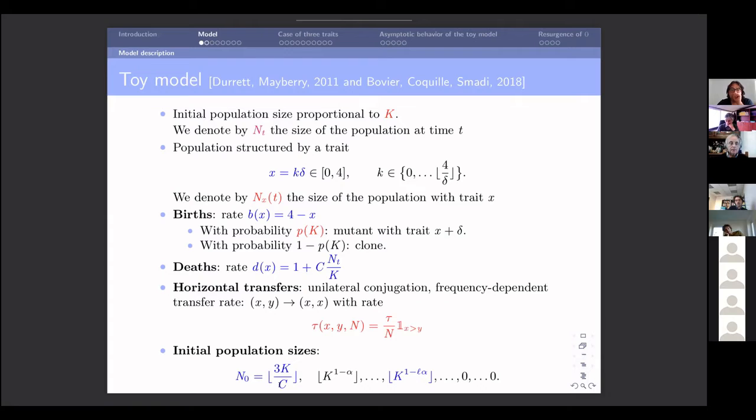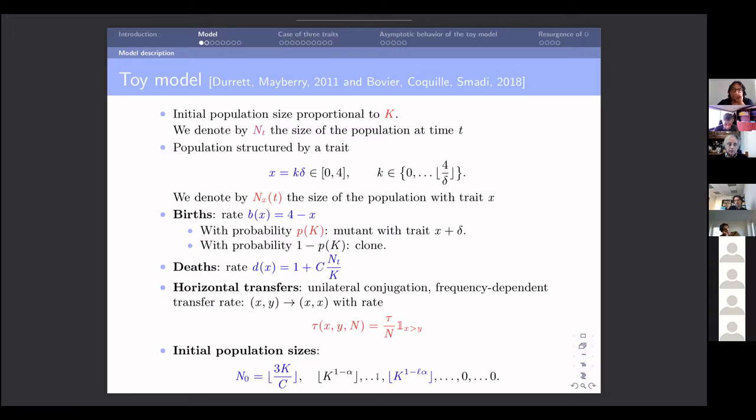Now, what happens for the other traits? Since you have a mutation rate of order k to the minus alpha, if you have a population of order k in a small time interval of order 1, you will get k to the 1 minus alpha mutant individuals. This is for trait 1. For trait 2, you get k to the 1 minus 2 alpha, because you need 2 mutations, and so on.